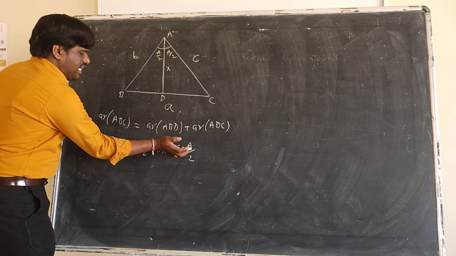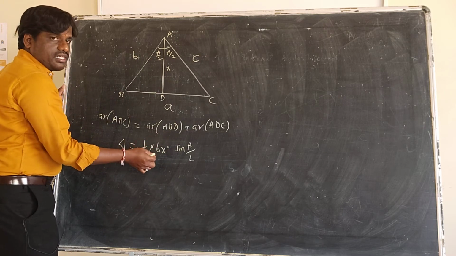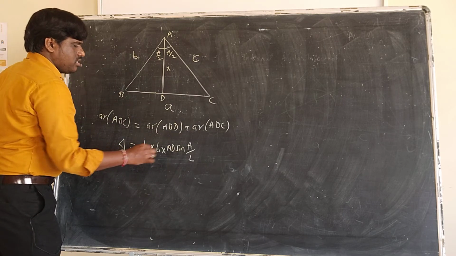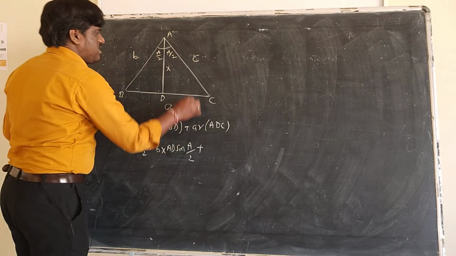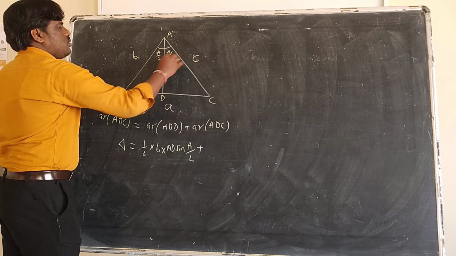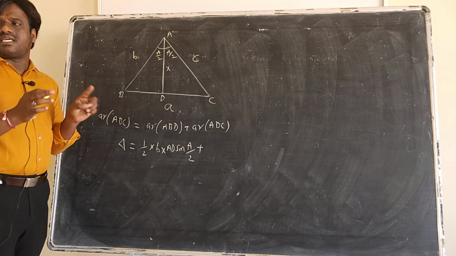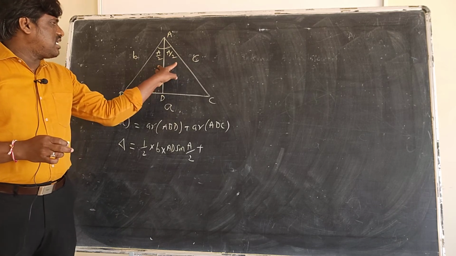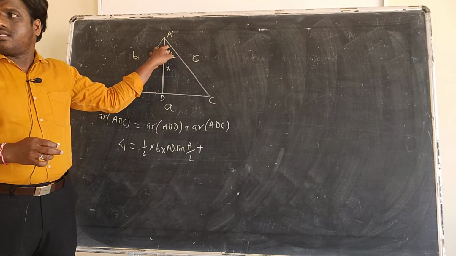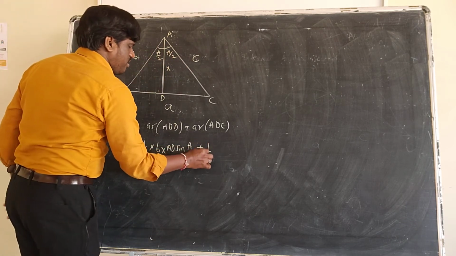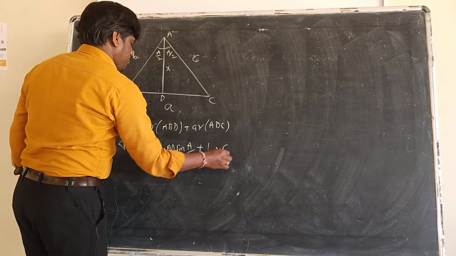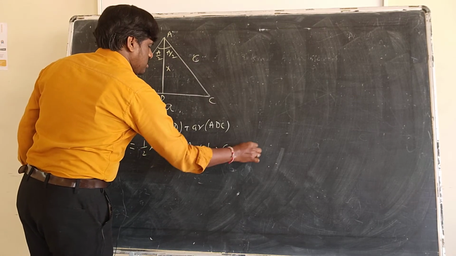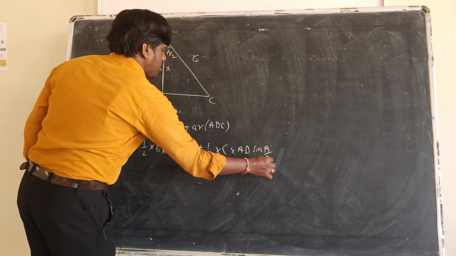You can write this as AD, plus the area of this triangle. The area of a triangle is the product of adjacent sides into the sine of the angle between them, so half of c into AD sine A by 2. Look at that, you got the answer.